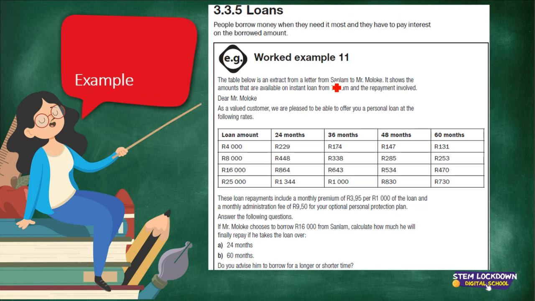I'll give you 20 seconds. Please write your answers. How much will you pay in total if he borrowed 16,000 and decides to pay over 24 months? I'll be waiting for your responses.